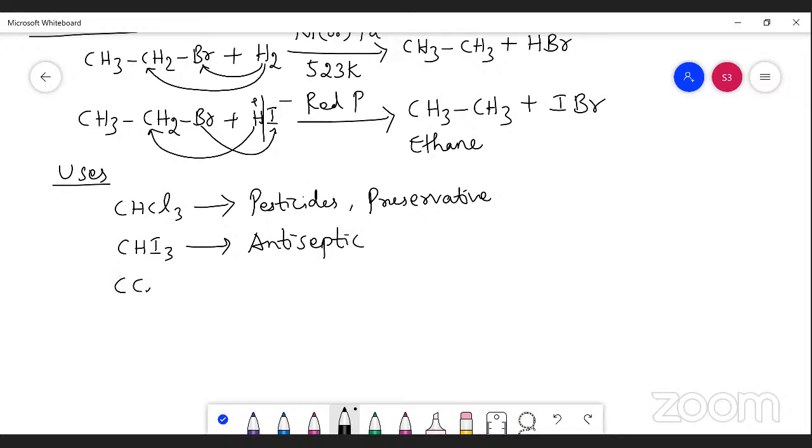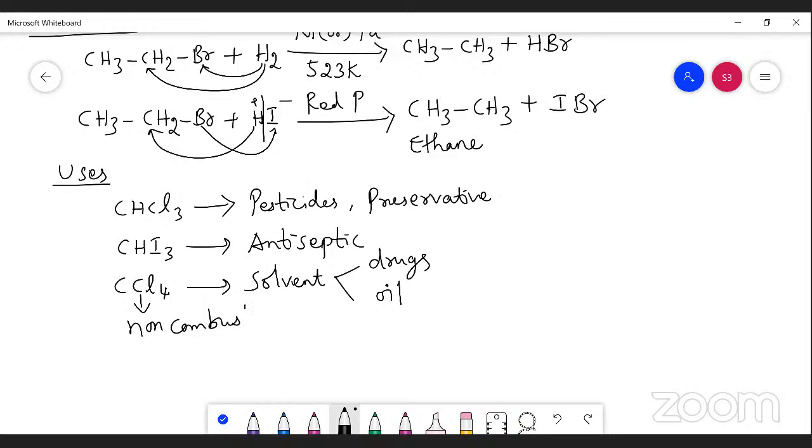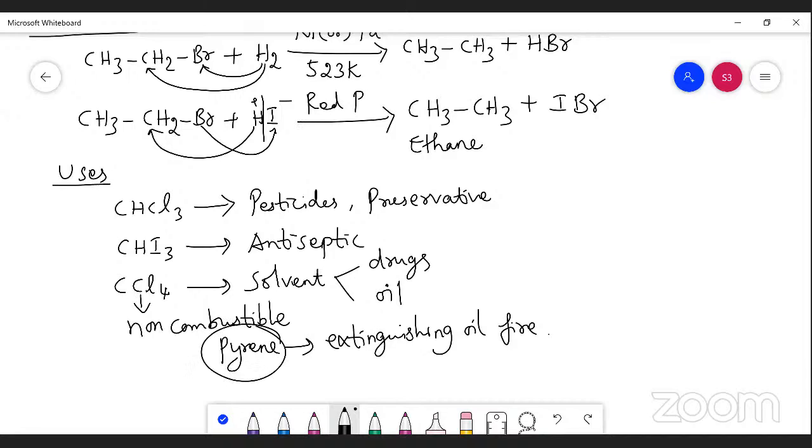And carbon tetrachloride is used as a solvent for the extraction of drugs, oils, etc. And one more thing, carbon tetrachloride is non-combustible, and because of this nature, it is used under the name of pyrene in extinguishing oil fires. So these are the uses of haloalkanes: chloroform, iodoform, and carbon tetrachloride.